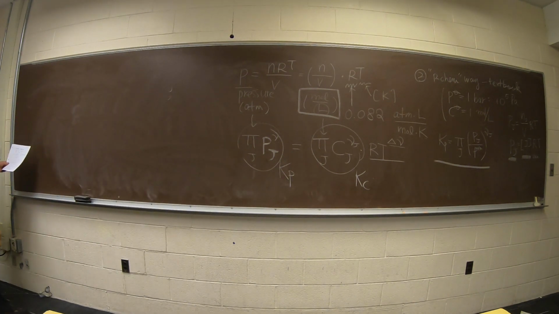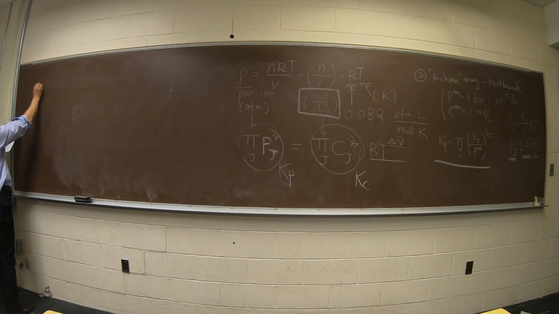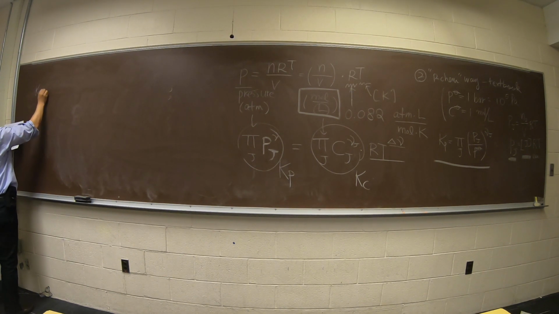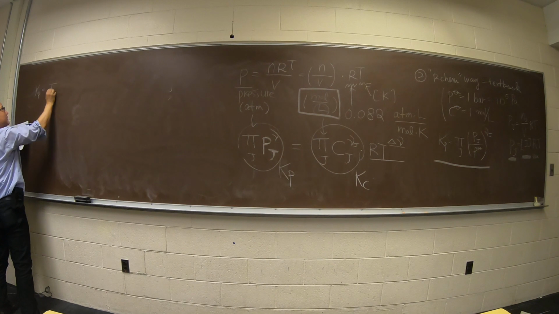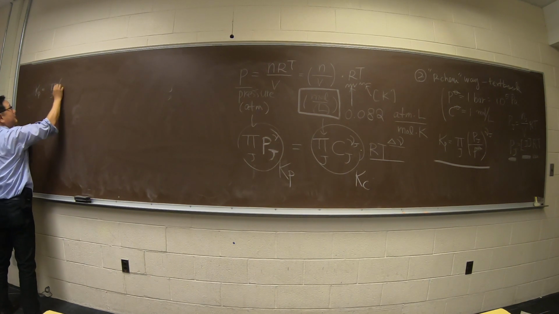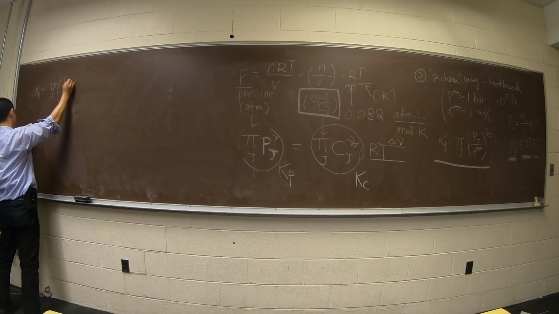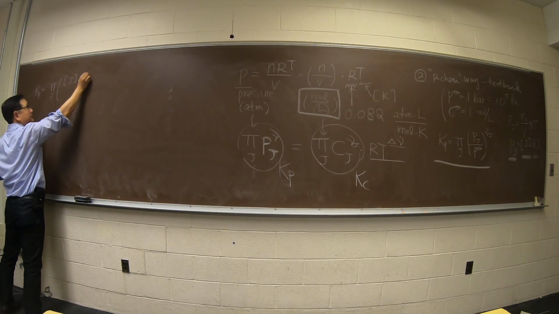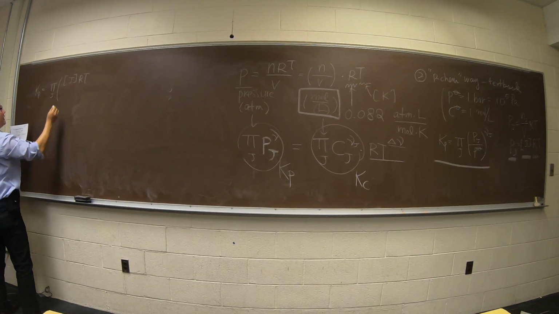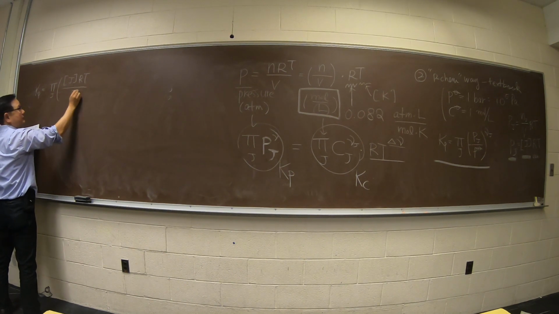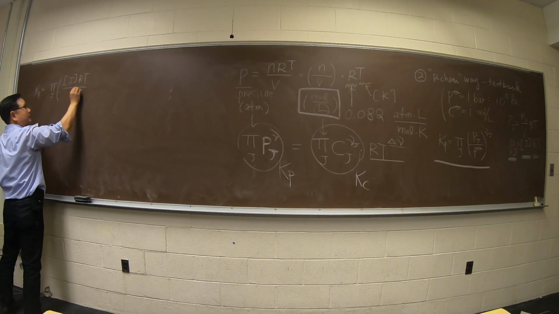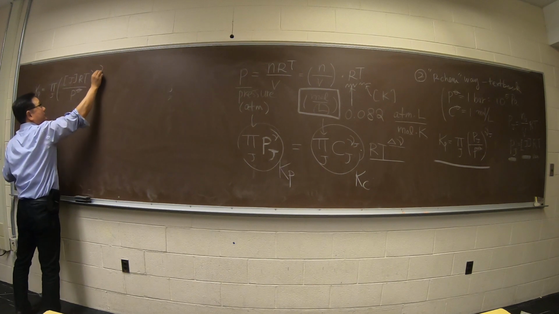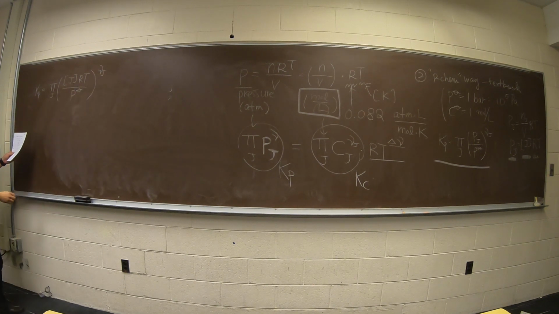Just to practice, the Kp now, instead of writing the pressure, is a_j to the power of mu_j, and I'm still keeping my pressure as they are. And then this is mu. So this is the same.